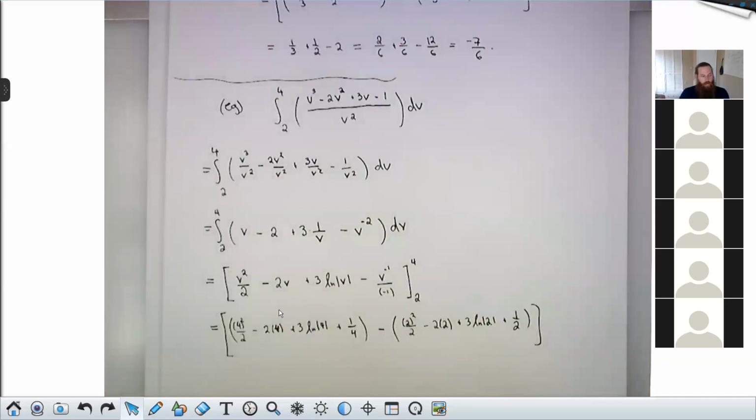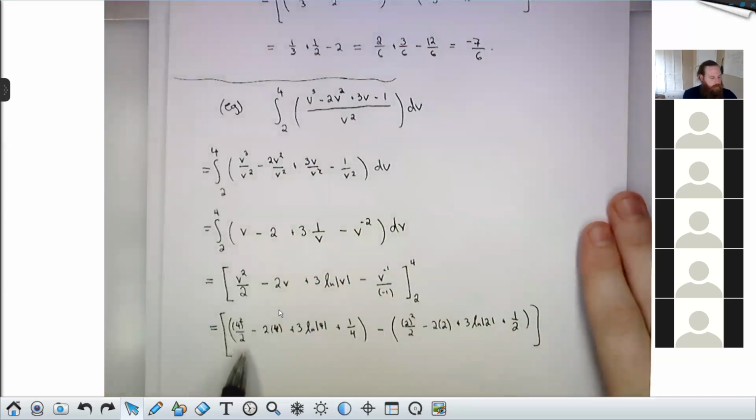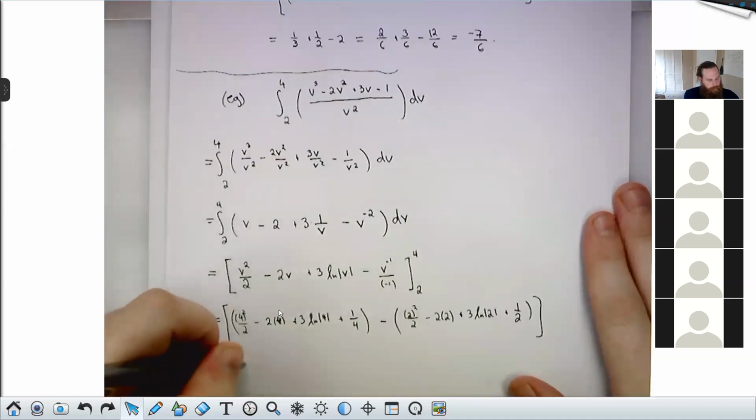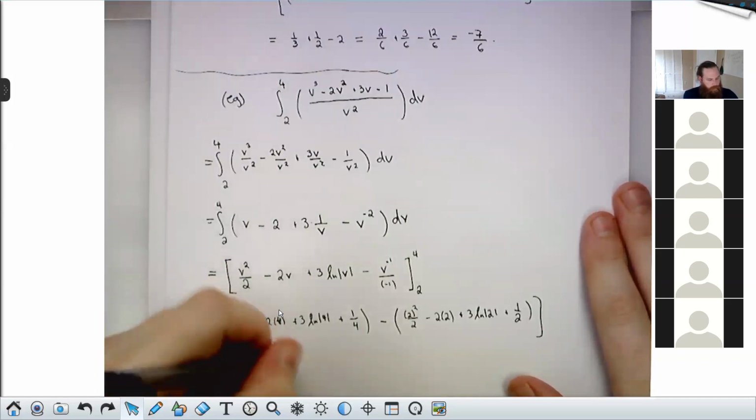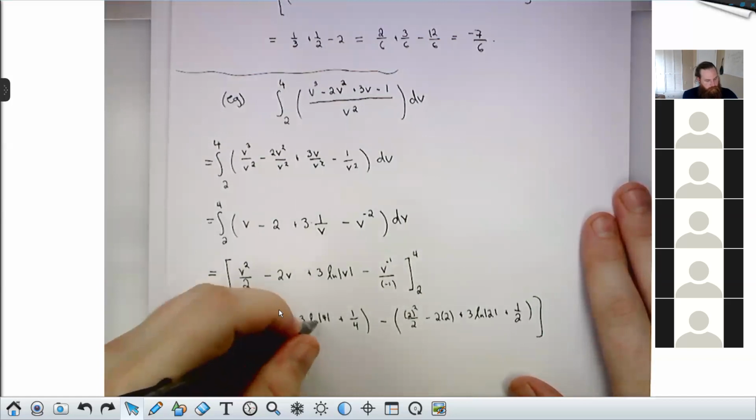Four squared is 16. 16 over 2 is 8. Minus 2 times 4 is also 8, plus 3 times the natural log of 4.